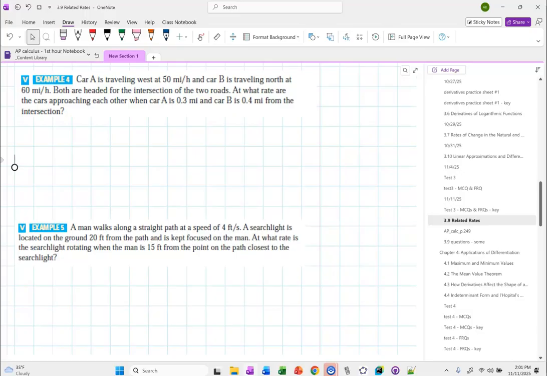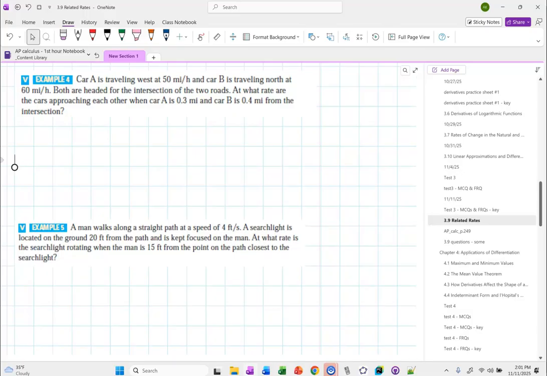So it says car A is traveling west at 50 miles per hour, car B is traveling north at 60 miles per hour. Both are heading for the intersection of two roads. At what rate are the cars approaching each other when car A is 0.3 mile and car B is 0.4 mile from the intersection?